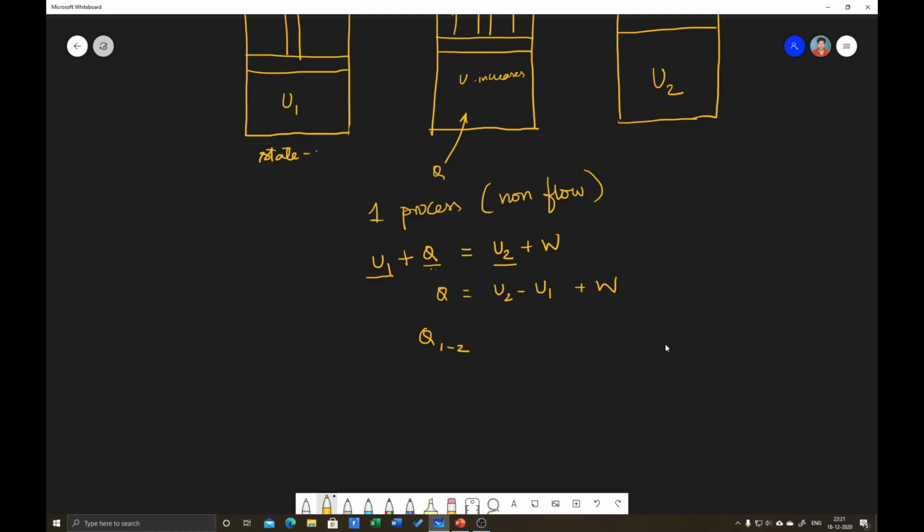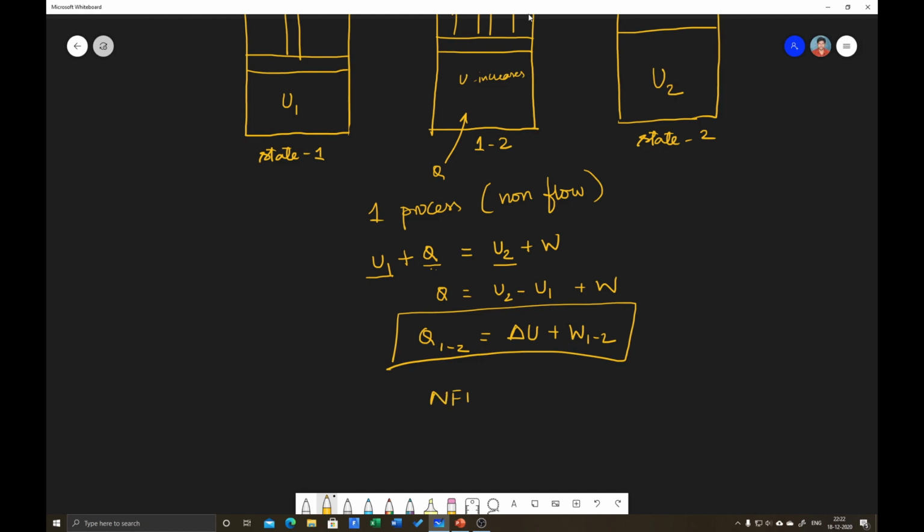That means this is state 1, this is state 2. During the intermediate process, heat is supplied, internal energy increased and work is produced. So Q1 to 2 is equal to delta U, that is U2 minus U1, plus W1 to 2.